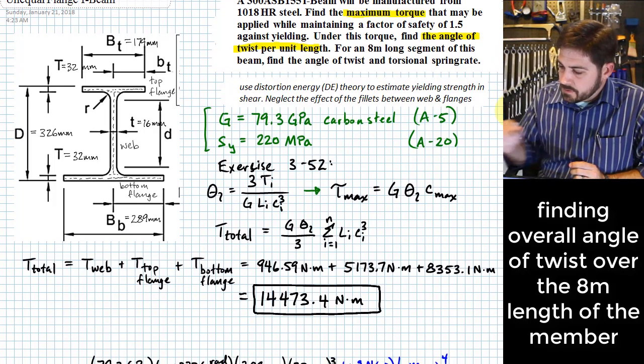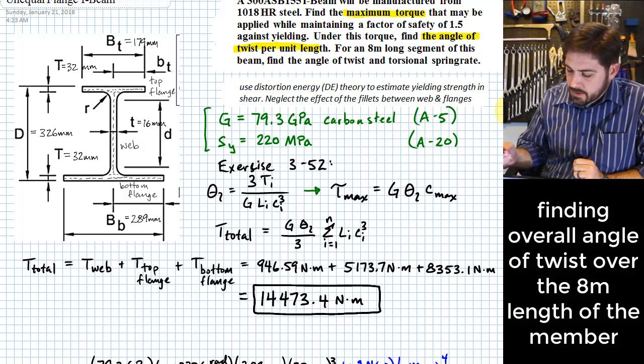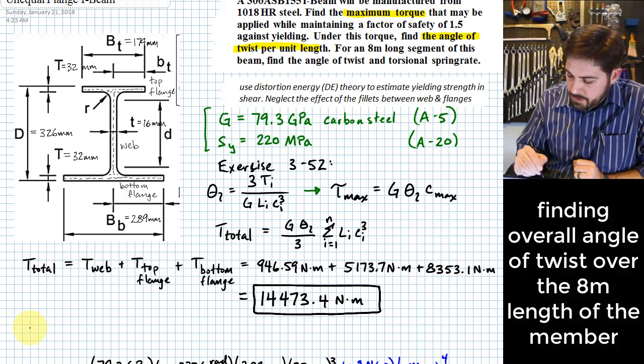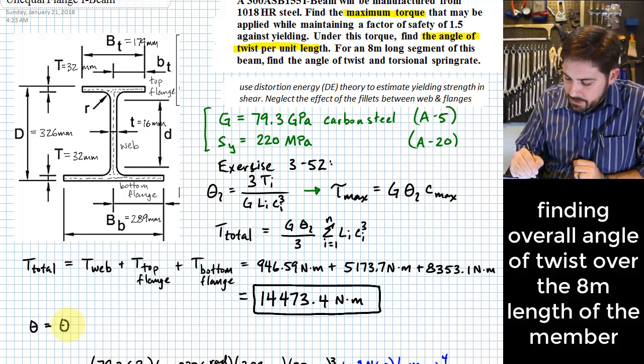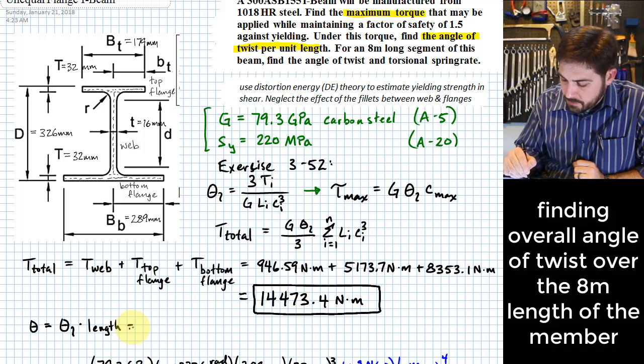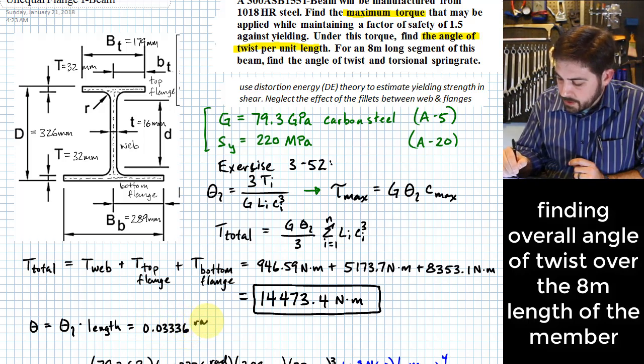All right, so here's what that looks like. To find our overall angle of twist, theta, we're going to take our angle of twist per unit length and multiply by the length of the beam. Okay, so for us, what that looks like is we have 0.03336 radians per meter multiplied by 8 meters.